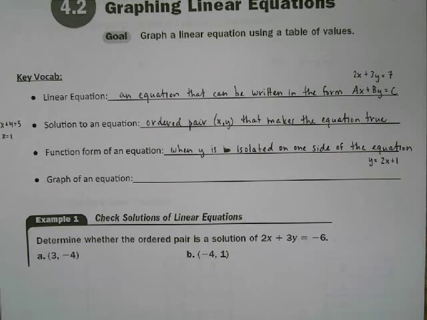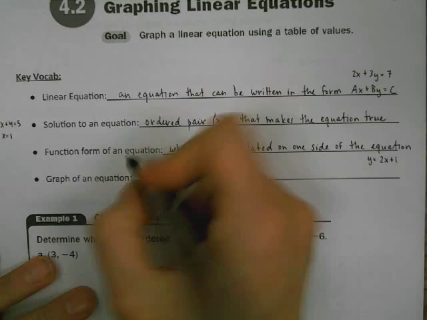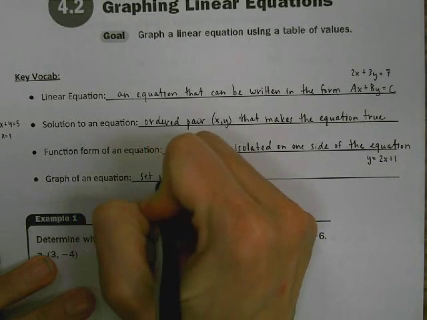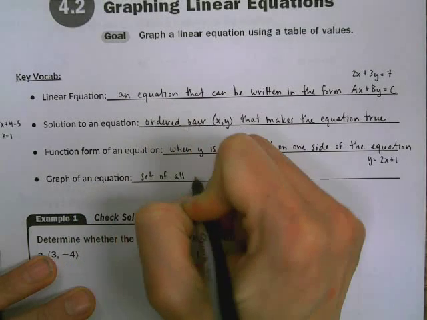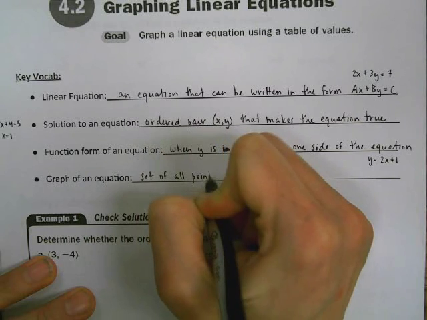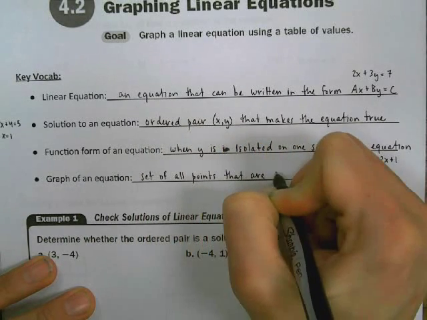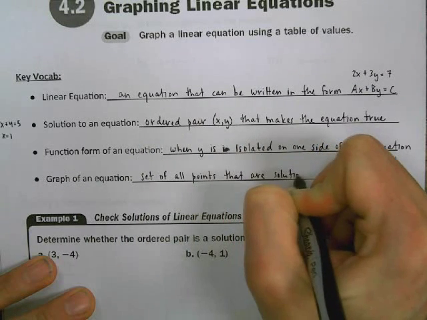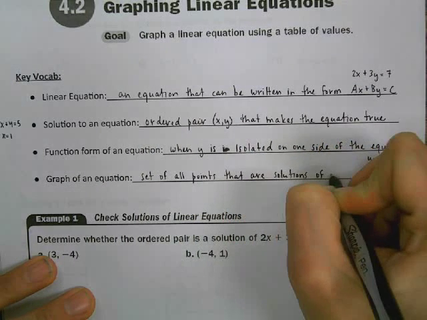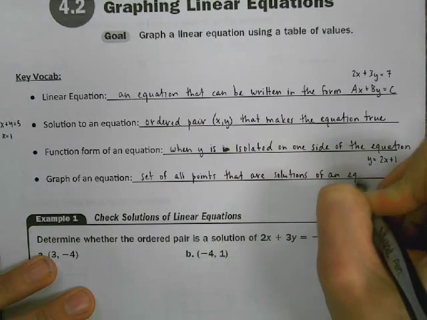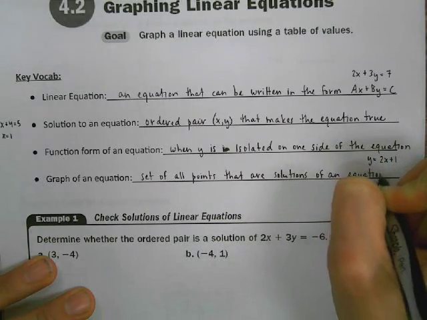Okay, and the last piece is the graph of an equation. The graph is the set of all points that are solutions of an equation. This is a bit new.